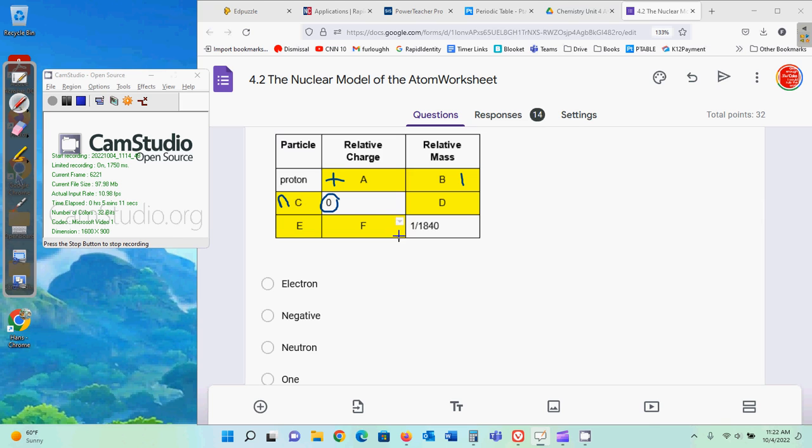And neutrons also have a relative mass of 1. So the third one, logically, has to be an electron. The relative charge on an electron is negative, and its mass is 1/1840th. By the way, wasn't that the answer to a different question on this? So that was the point there.